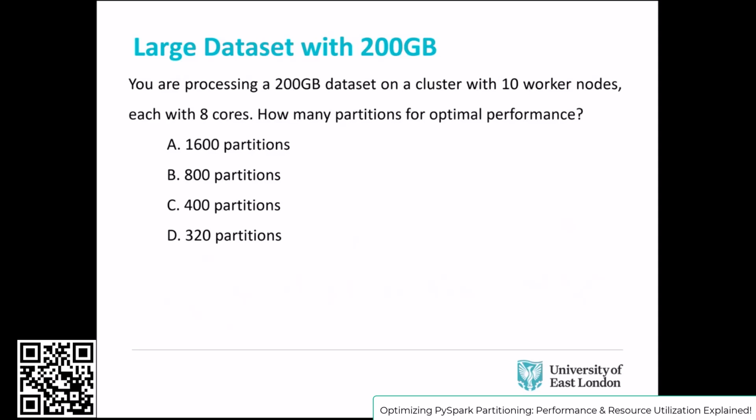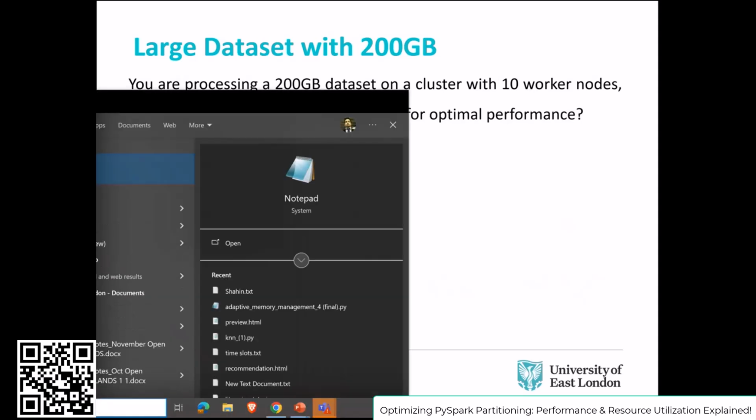Consider minimum 2 partitions per core. It's going to be 160 partitions minimum, and 320 maximum. All right. Let me write it down here.